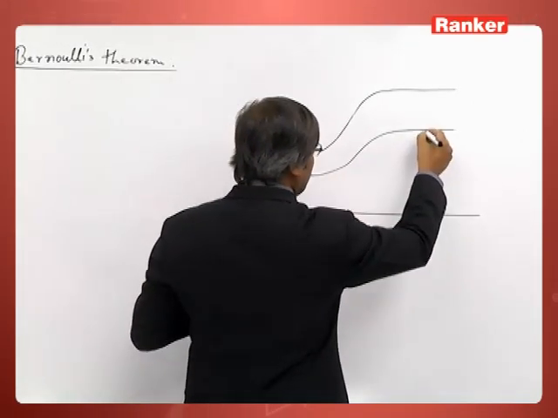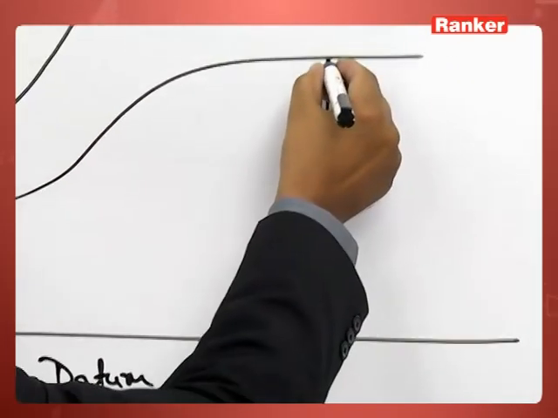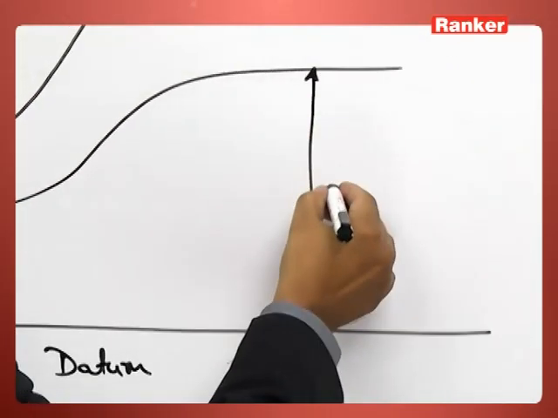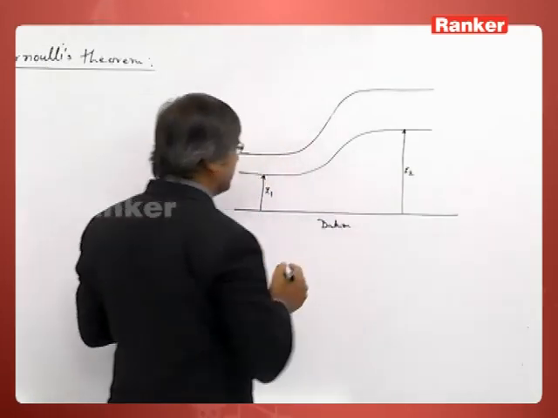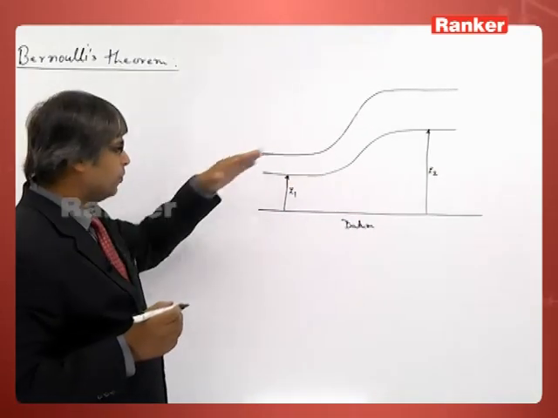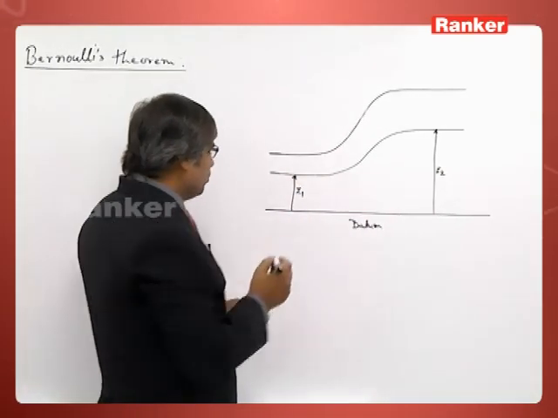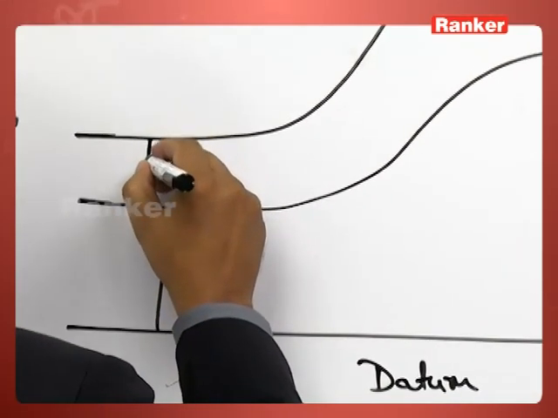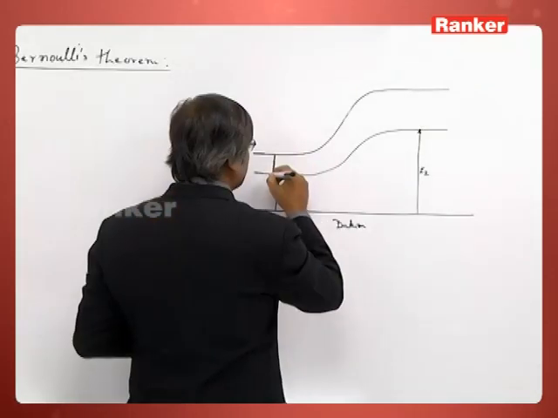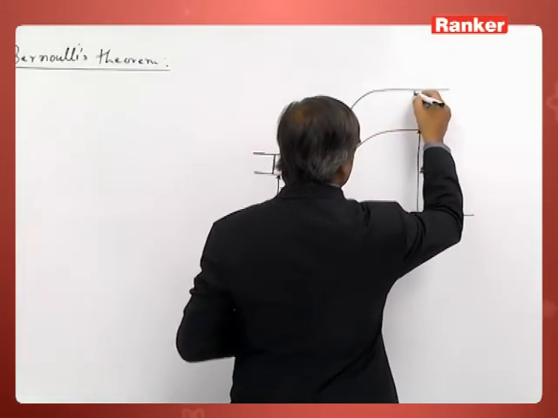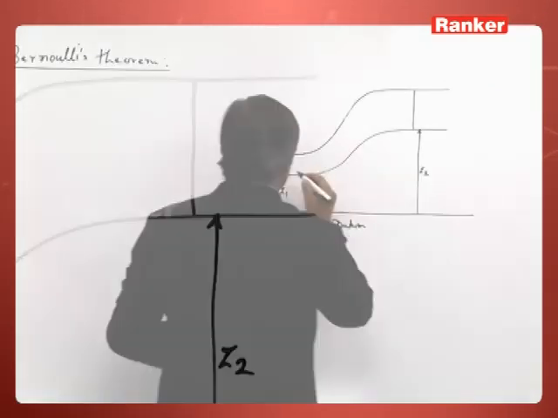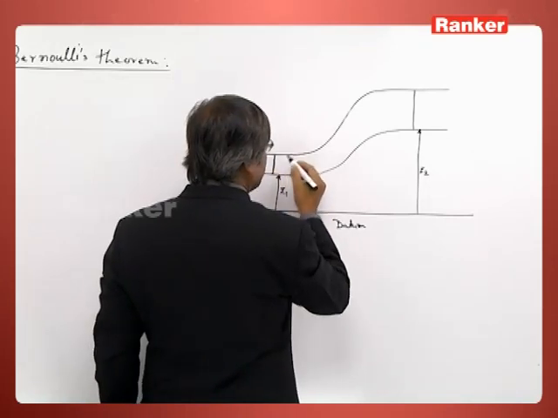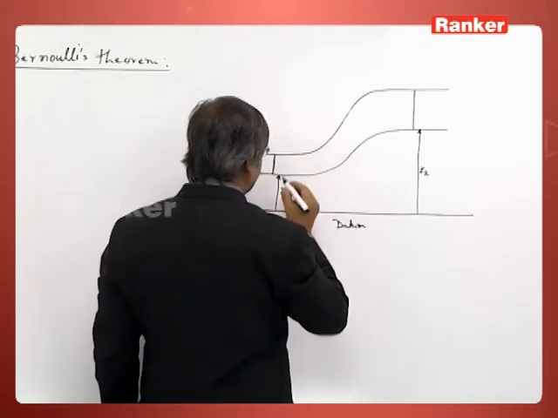This is neglected, or you can assume that this is small, or you can take the average. Z1 and Z2 are the heights of the flow. Now, we consider a fluid flow and this cross section is here. That means we see this fluid within this boundary, this one.